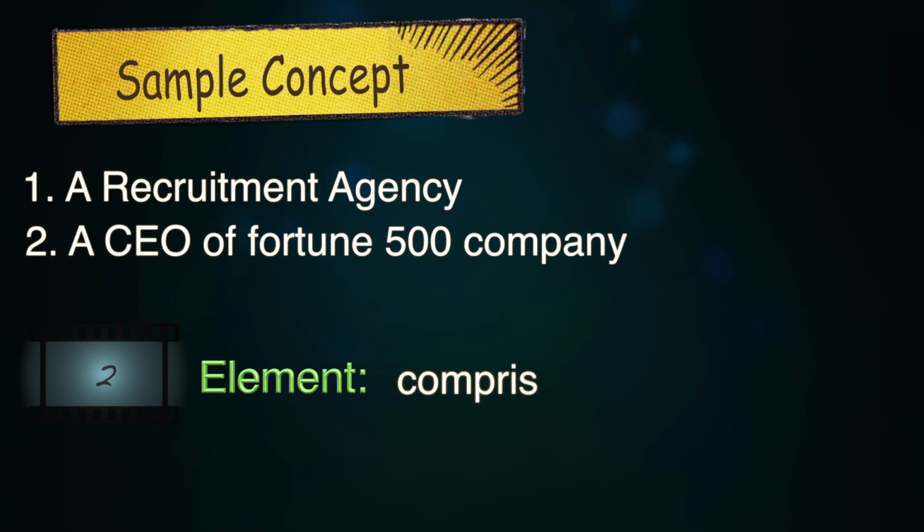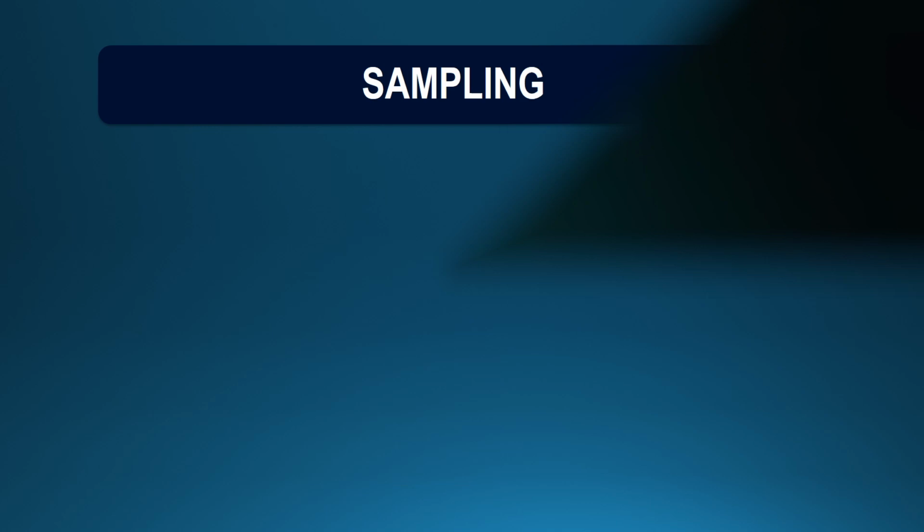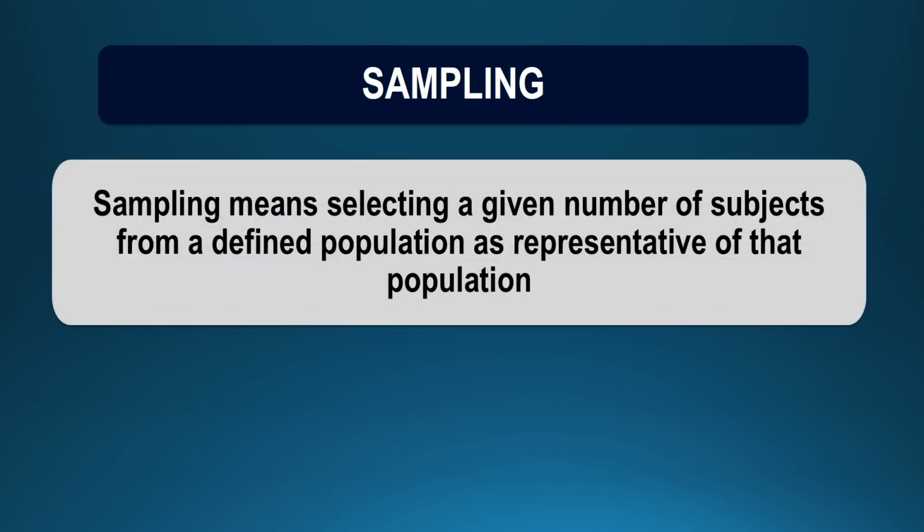So an element comprises a single member of the population. Sampling means selecting a given number of subjects from a defined population as representative of that population. The researcher can select a small sample from a population. By studying that small sample, the researcher can apply the conclusion to the population as a whole. This is considered the sampling process.